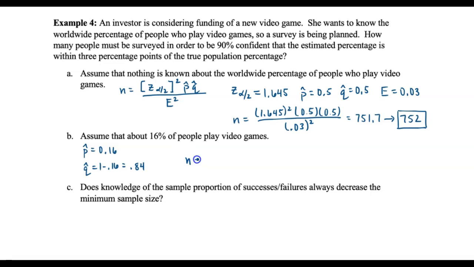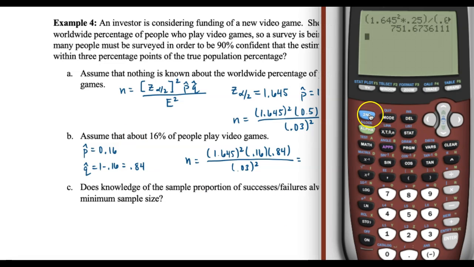And so our n is going to be the same thing, 1.645 squared times 0.16 times 0.84 divided by 0.03 squared.